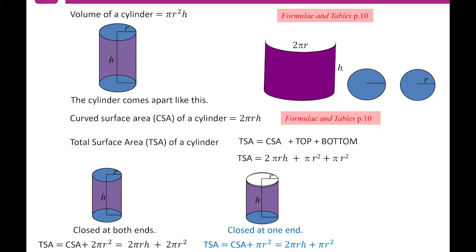That's 2 pi r h plus pi r squared. And if your cylinder is open at both ends, your total surface area is just your curved surface area. That's 2 pi r h. Please pause and take down these equations.